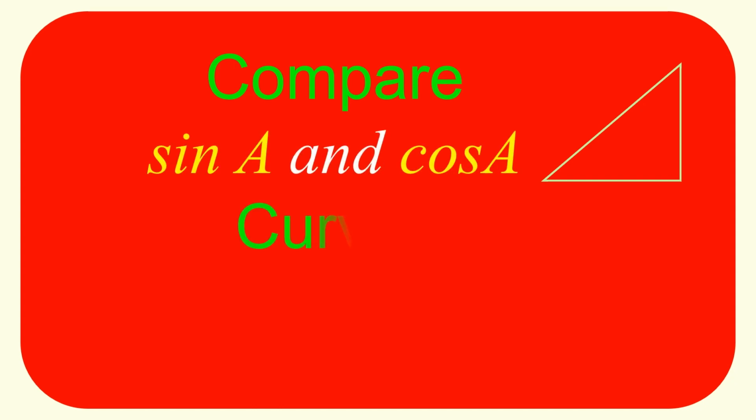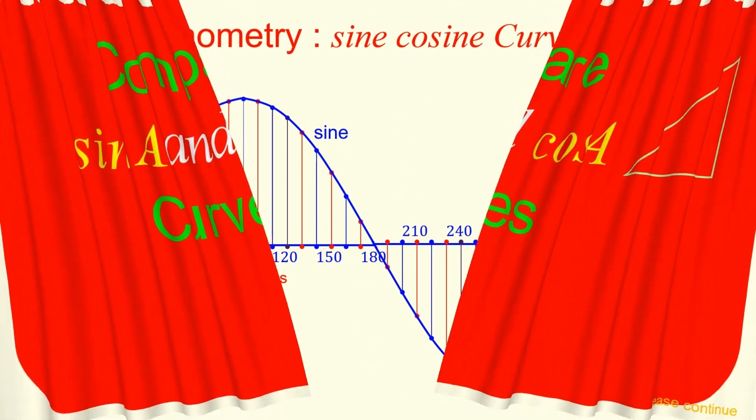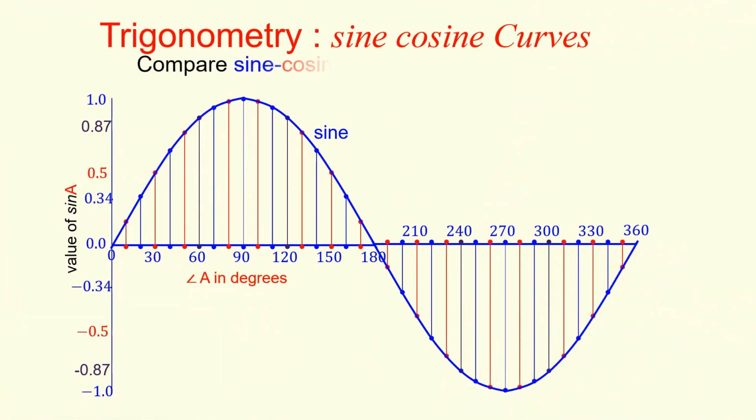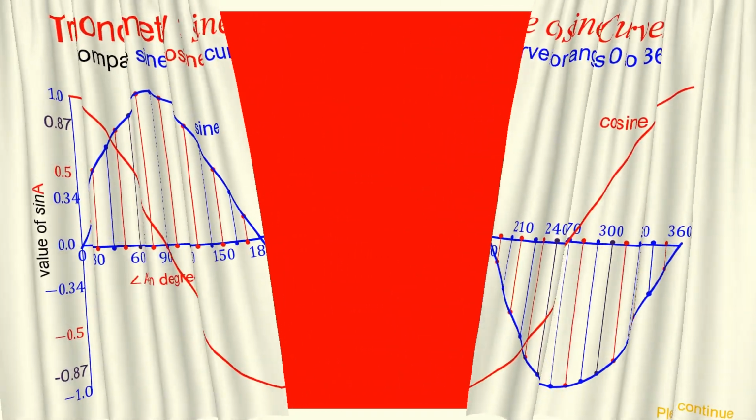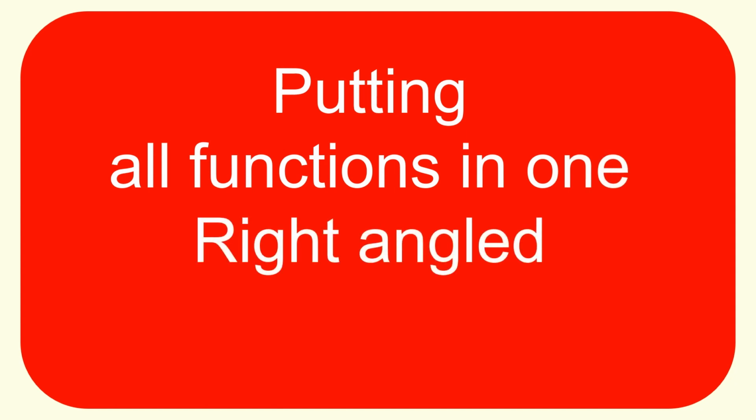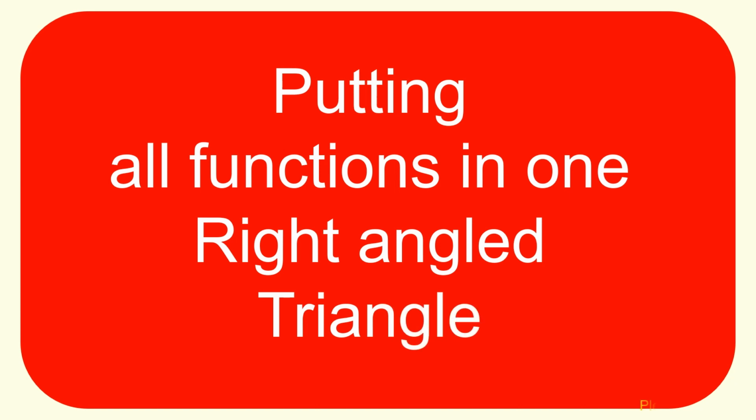Compare sine A and cosine A curves. Now we draw a right-angled triangle and put all trigonometric functions in one place.